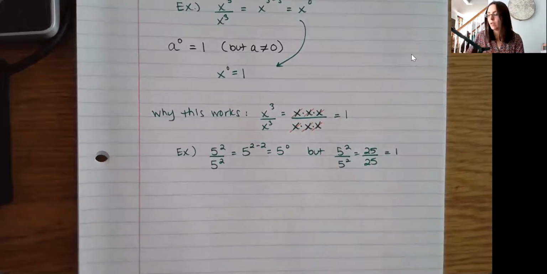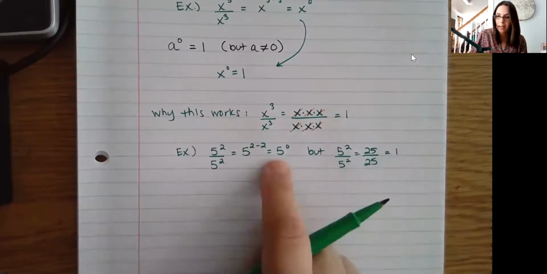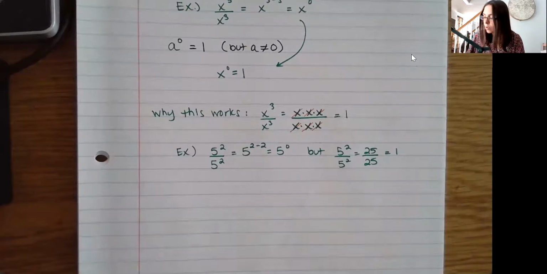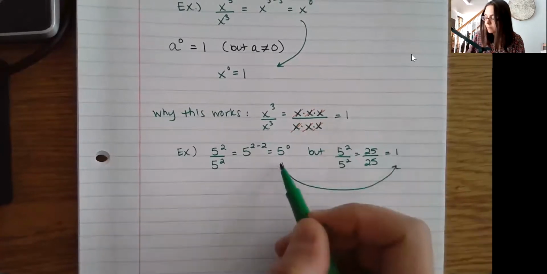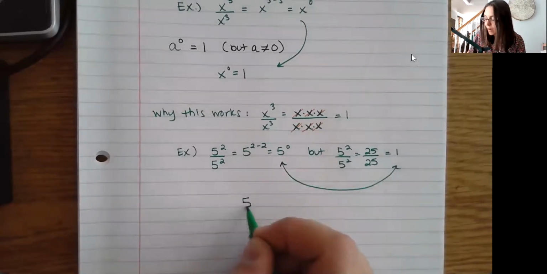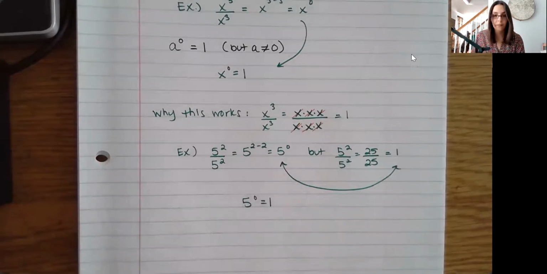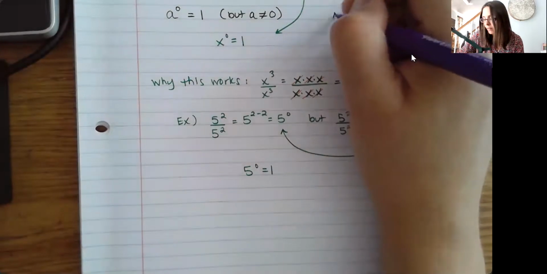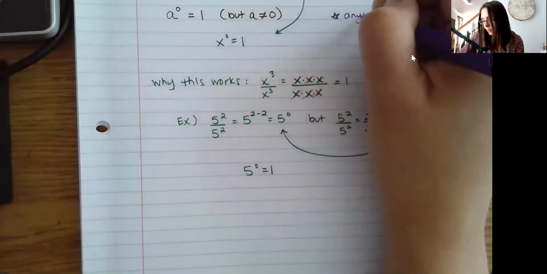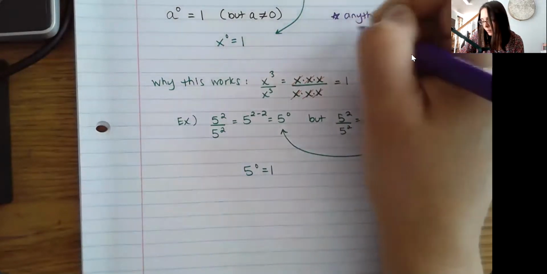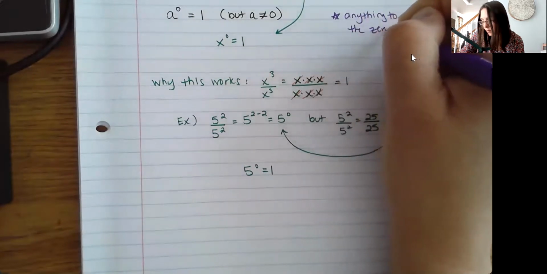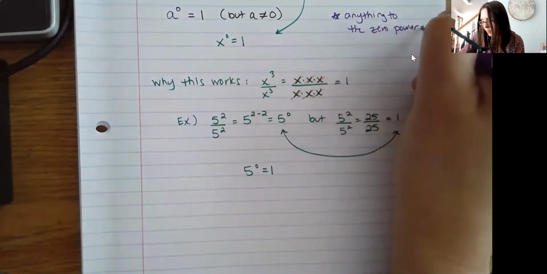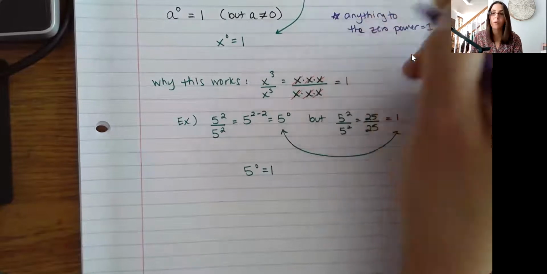I can't have it being the value 1 here, but not here, right? Everything has to connect. So these must be the same answer then. So 5 to the 0 power has to be 1. Okay, so what we're seeing here is that anything to the 0 power equals 1.